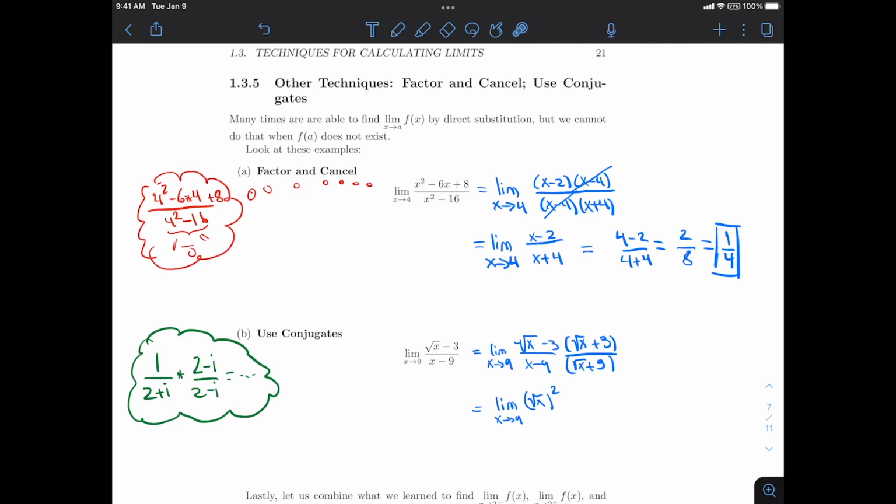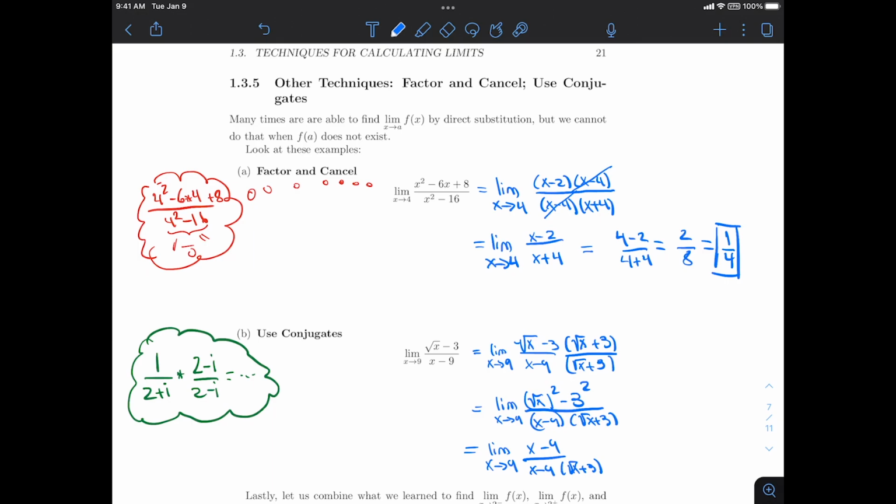So this is my a, this is my b. So a squared minus b squared, that's the top, and the bottom is just x minus 9 times root x plus 3. So if I rewrite the top, I will get x minus 9 over (x minus 9)(root x plus 3).